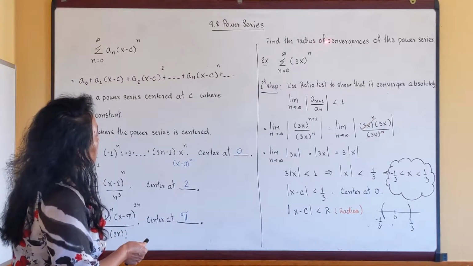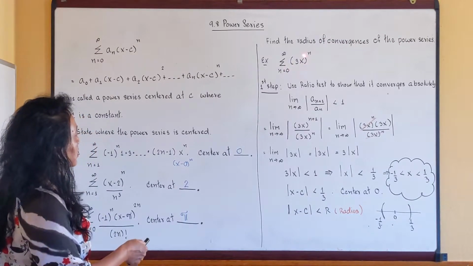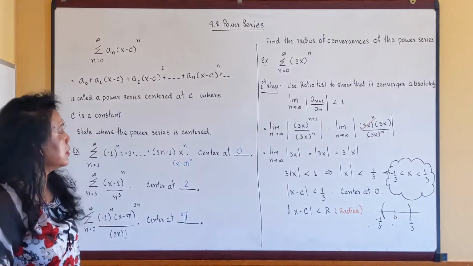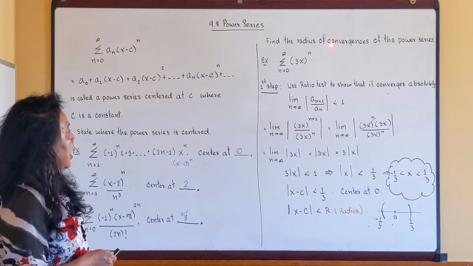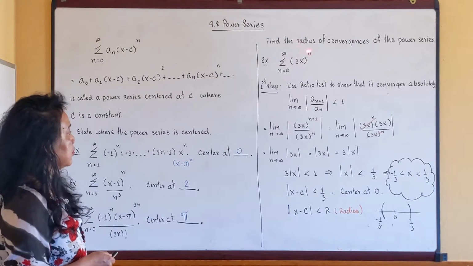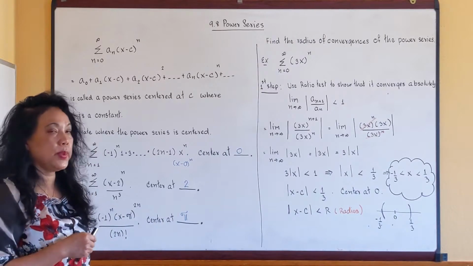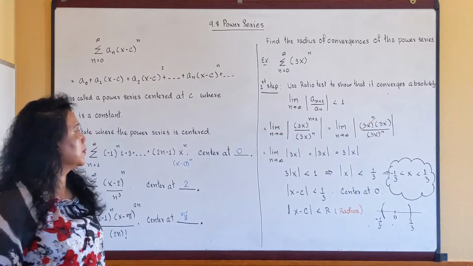Find the radius of convergence of the power series. We have a power series here, right? First of all, we have to find a way to show that it converges. After that, we have to find the radius of it. The radius could be 0, could be infinity, or some number.